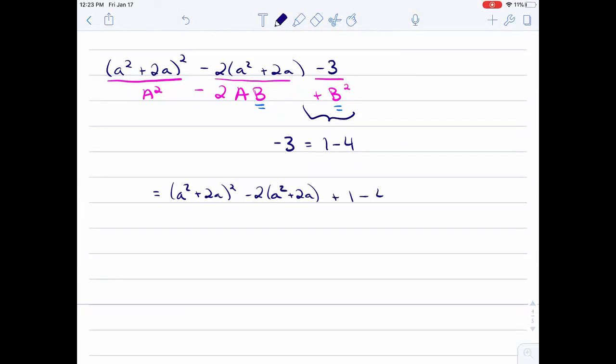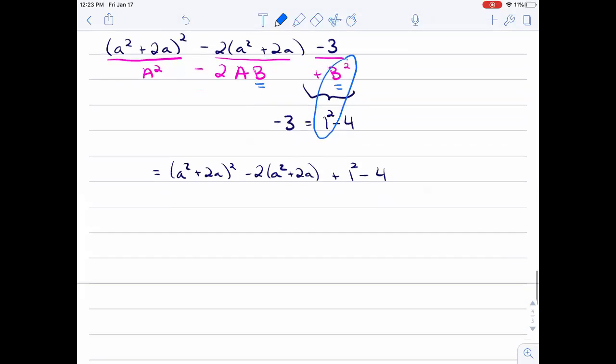Plus 1 minus 4. 1 we can rewrite as 1 squared. Right, so 1 squared, and then our plus b squared is going to be that plus 1 squared.